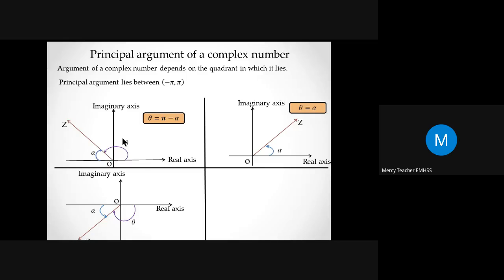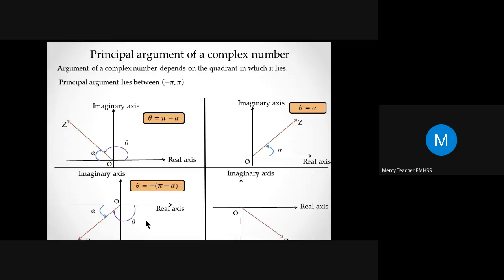If you just compare the second quadrant and third quadrant, everything is the same, only the direction changes. Therefore, the principal argument theta is equal to minus of pi minus alpha. Because of the direction, we have theta equal to minus (pi minus alpha), which is for the third quadrant. Are you able to understand?